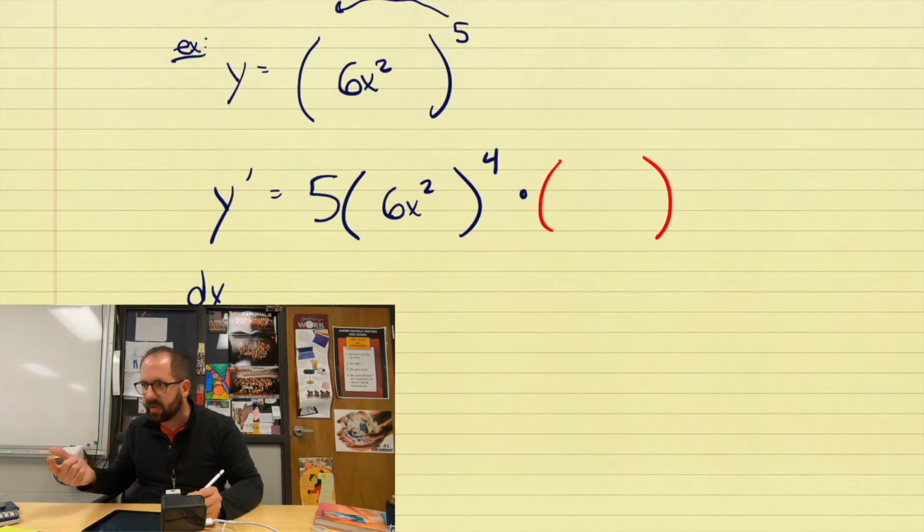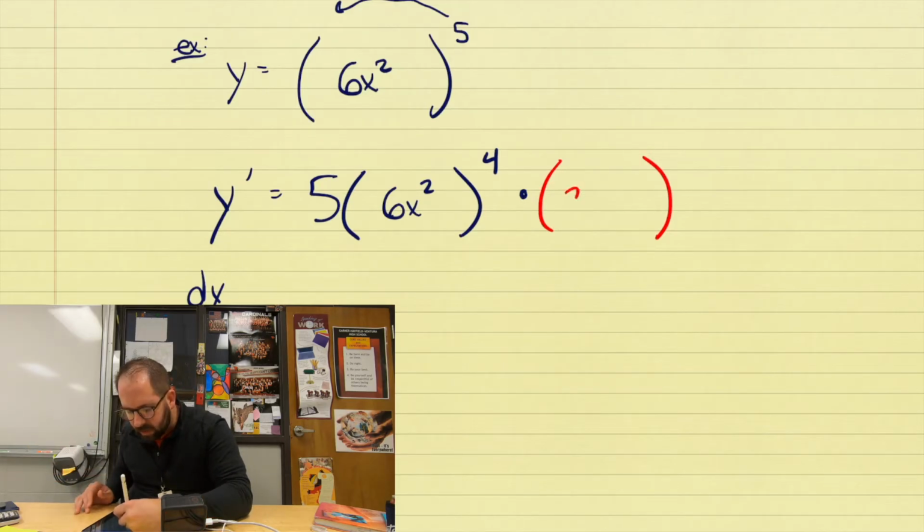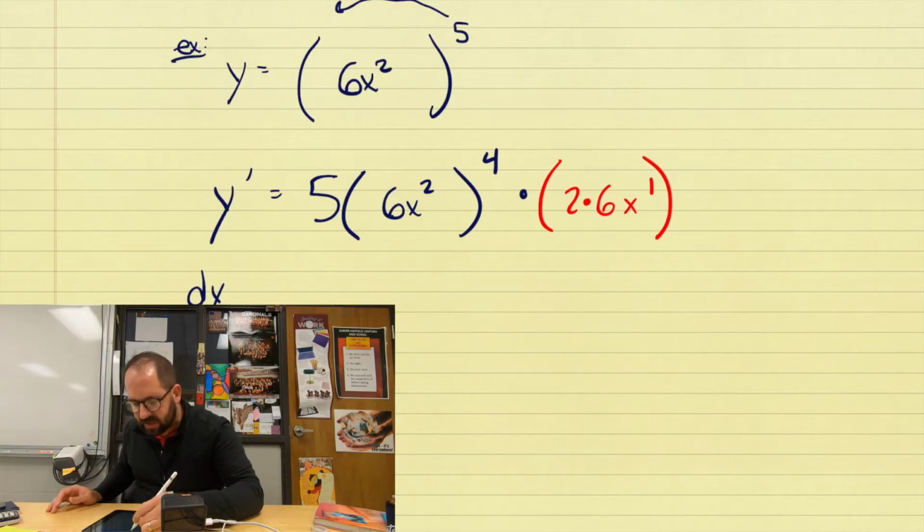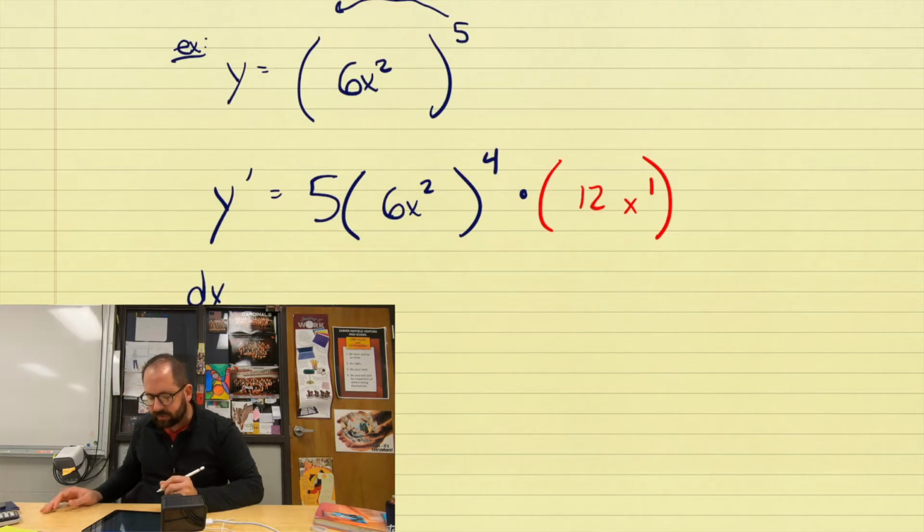So we're going to take the derivative of that item. So the derivative of 6x squared, well, you drop the power out front, you take it times the front, and you subtract 1 off the power. So I drop the 2 out front of the 6, subtract 1, so this ends up being a 12. You don't have to write 2 times 6, you can just write 12, x to the first.